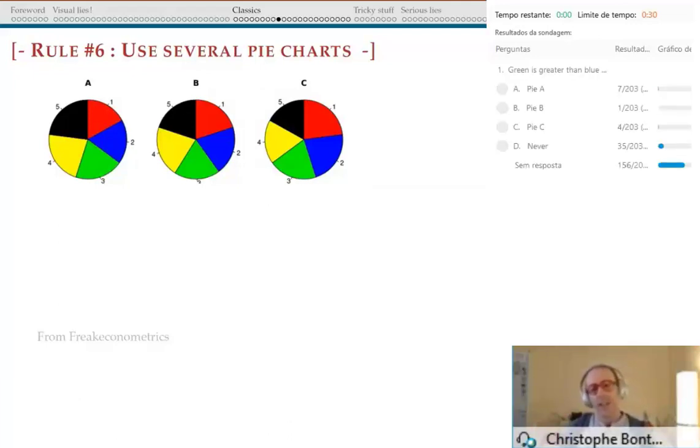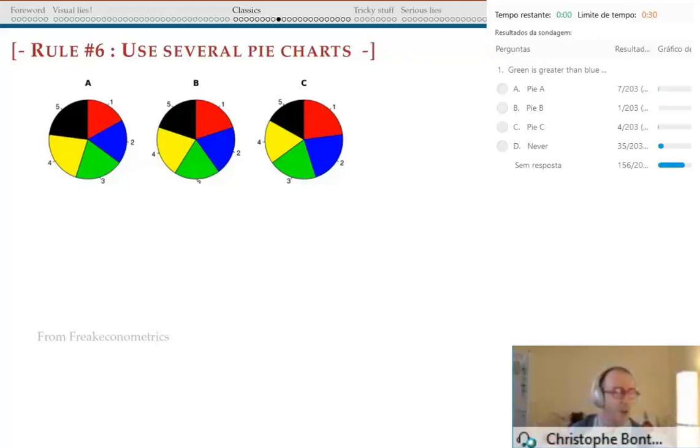In fact, you will see here in this visualization that comparing pie charts is even more difficult than just comparing the slices within a pie chart. And once again, it depends on the data. It depends on the distribution of the slices here on the 5 categories.